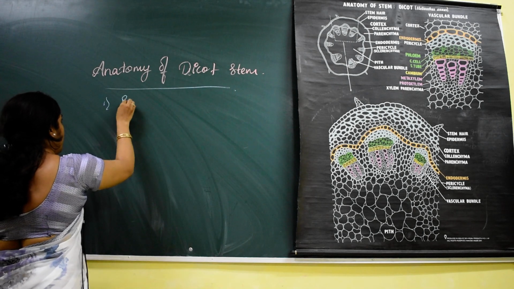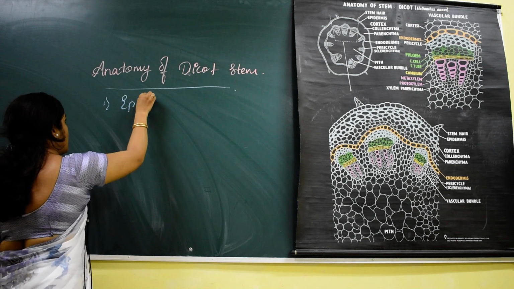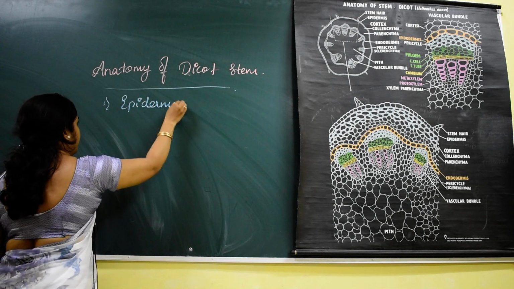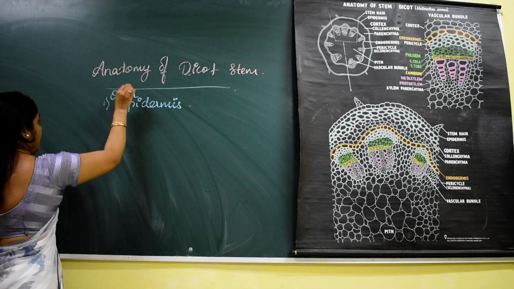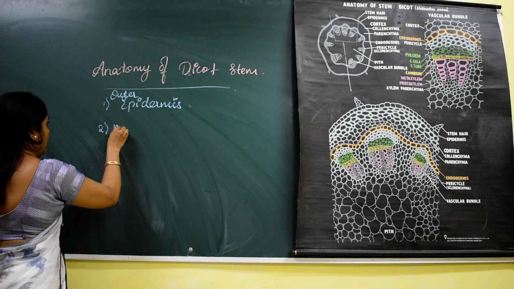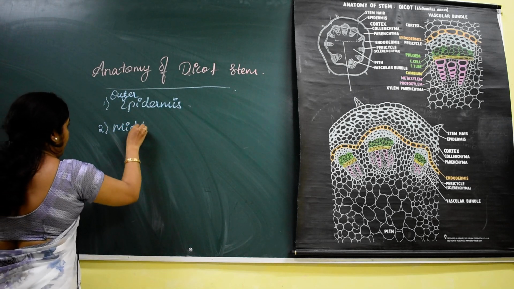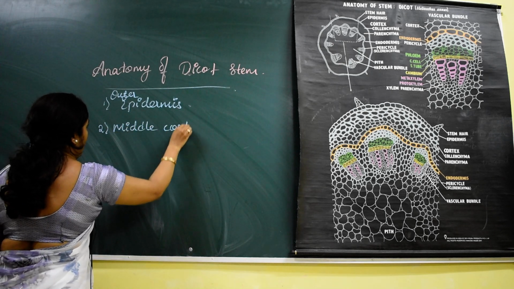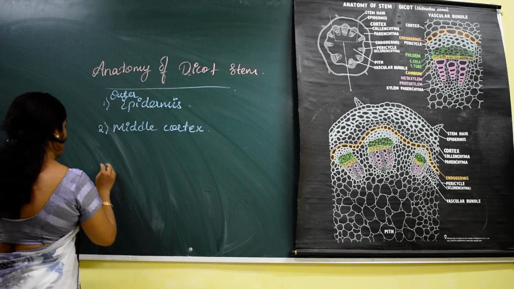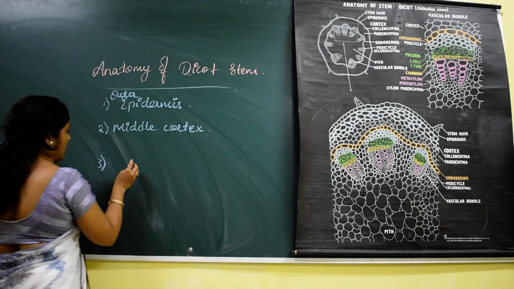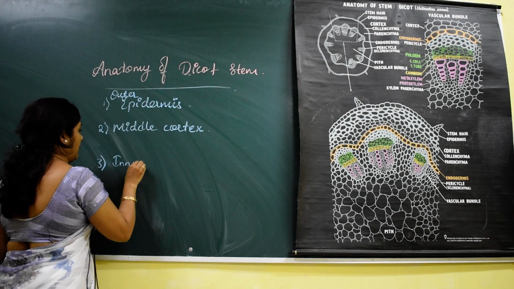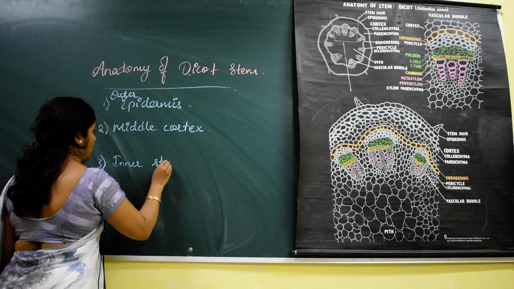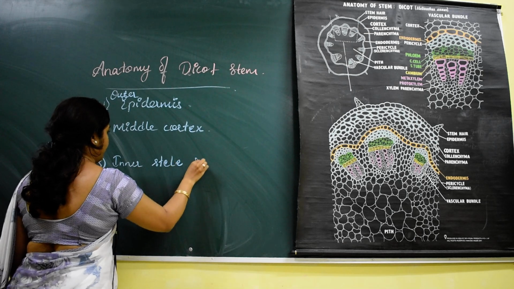One is the outer epidermis, second is the middle cortex, third is the inner stellar region or stele region.